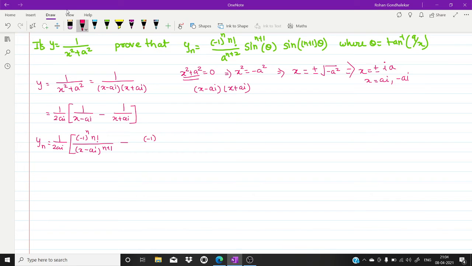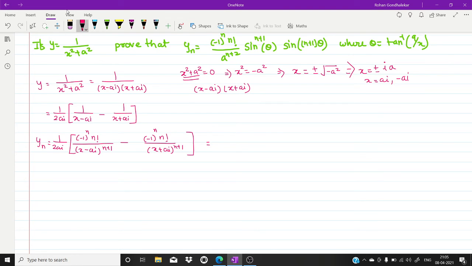Minus, again the same, minus 1 raised to n into n factorial divided by x plus ai bracket raised to n plus 1. From both the terms, we can take minus 1 raised to n into n factorial as common.